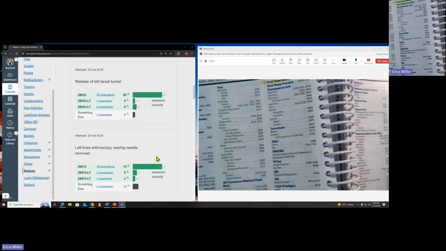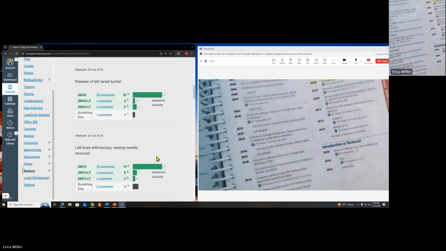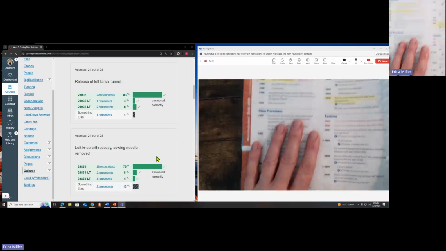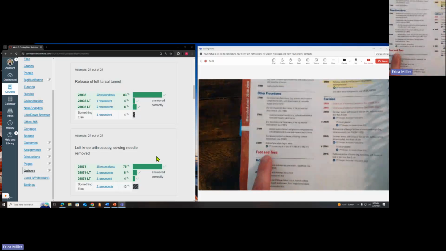So now let's go over into our index. You may be asking yourself, what's a tarsal, right? This is how we build on our terminology, our knowledge of anatomy. So now let's go over into our tabular section, paying attention to not just the code itself, but where it resides.